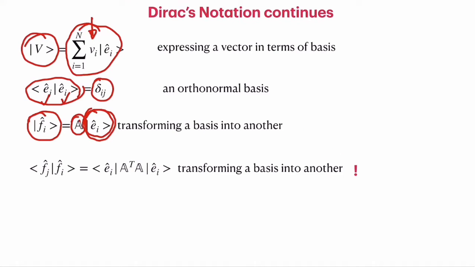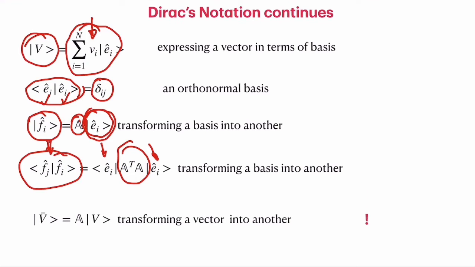Now we can see what happens to the dot product under the transformation. So we have transformed this and taken the dot product; this is a dot product in the new basis. This is the old basis, and this is the transformation matrix, and we clearly see that when A transpose A becomes delta ij, the norm is preserved, or they are called orthogonal transformations.